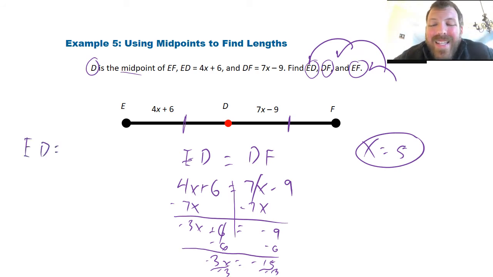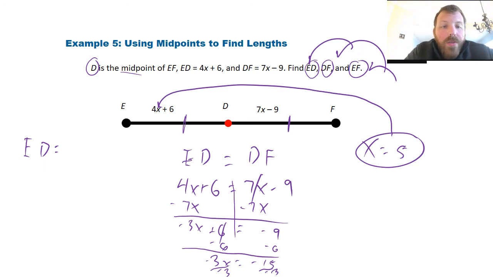To find ED, all we do is take our x value and plug it in where I see x. So that would be 4 times 5 plus 6. 4 times 5 is 20, plus 6 is 26. Now I'm going to look at the other side.